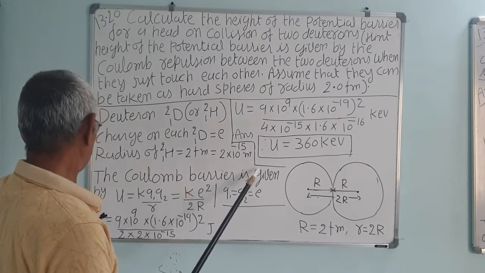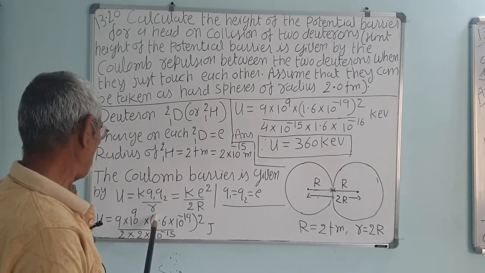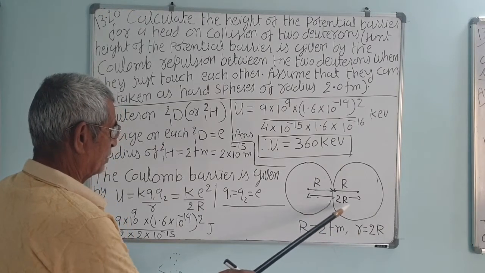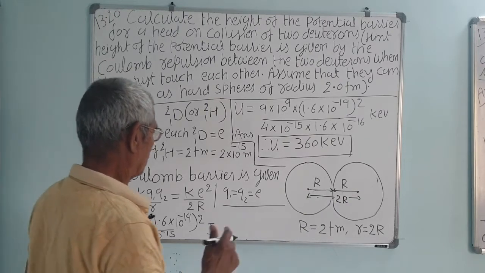The Coulomb barrier is given by U is equal to the potential energy, K Q1 Q2 upon R. Now R is the distance between these two charges, which is 2R. See, this is the E charge.